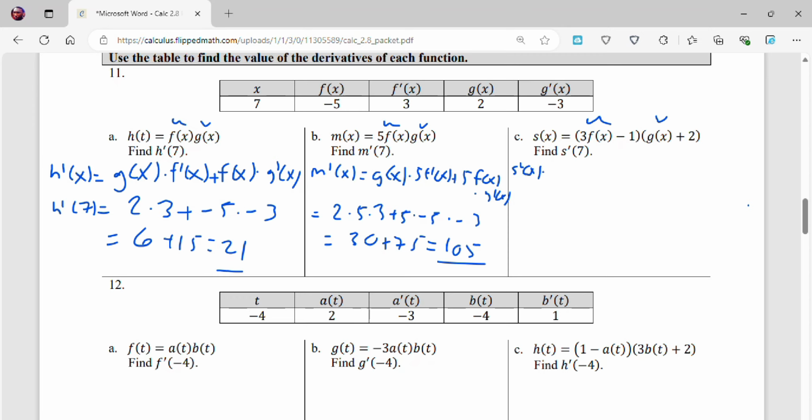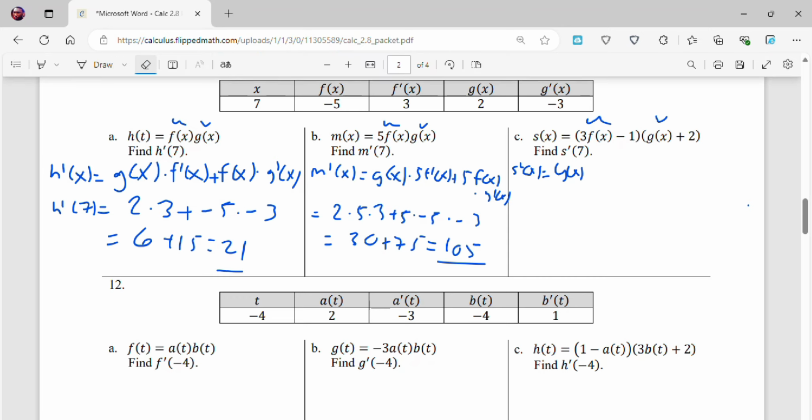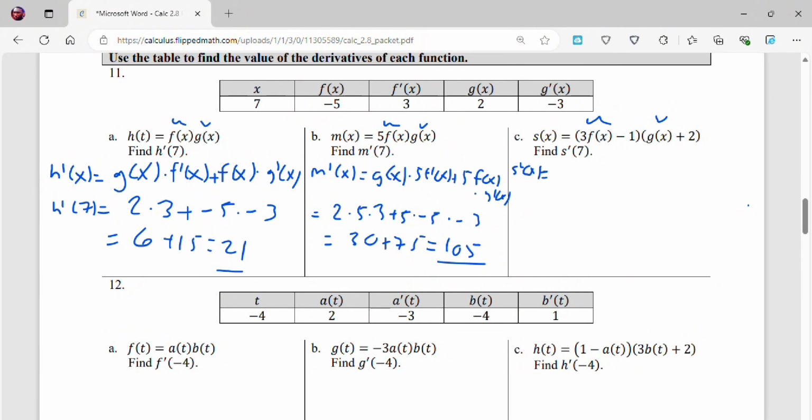I'm going to write really small here. s prime of x equals v, g of x plus 2, times u prime, so 3 f prime of x, plus u times v prime, so g prime of x.